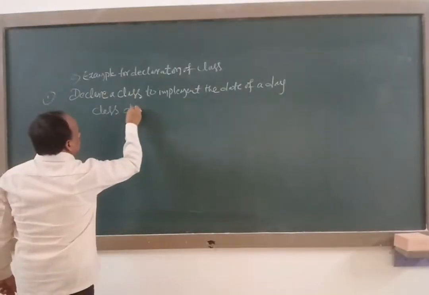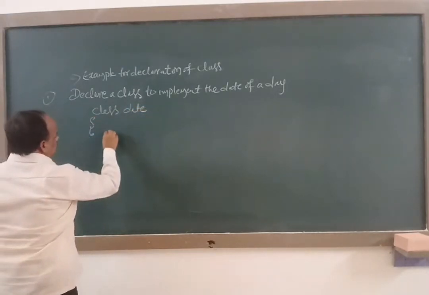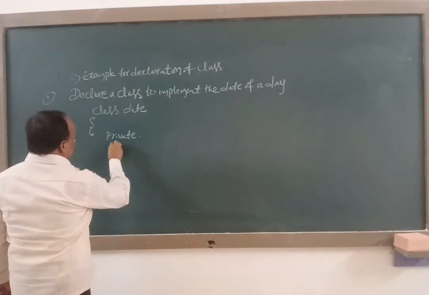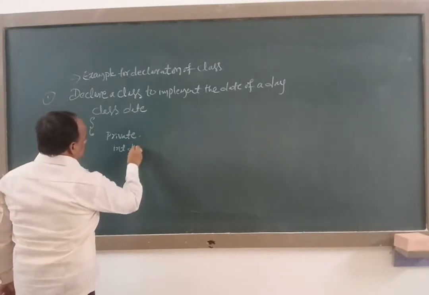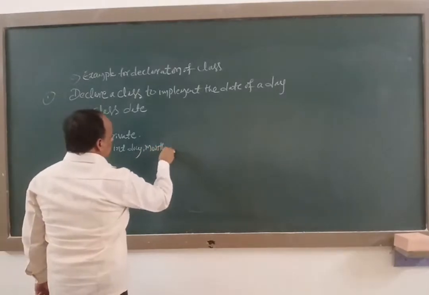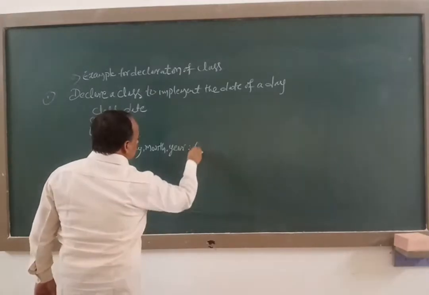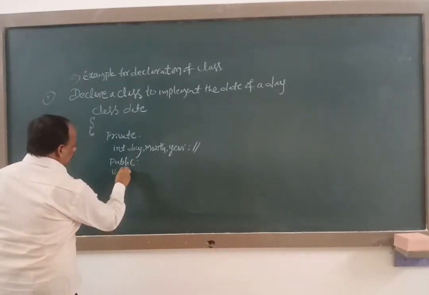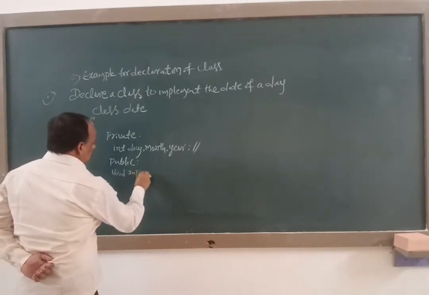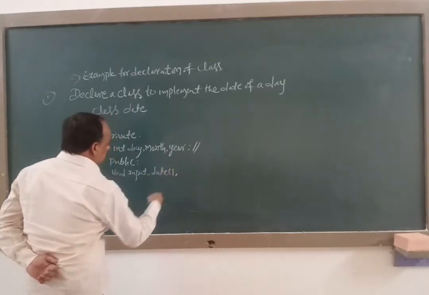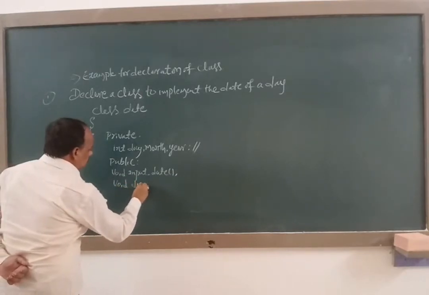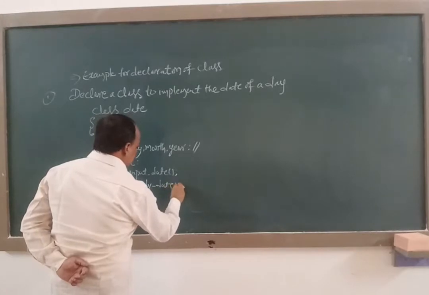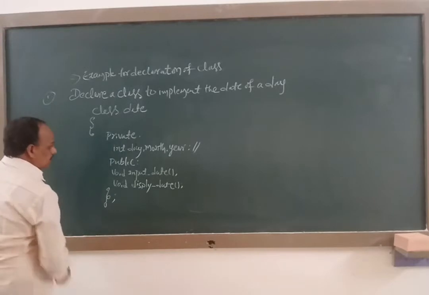So take class date, open flower bracket, private, colon, int day, month, year, public, void input date, void display date functions, and semicolon.